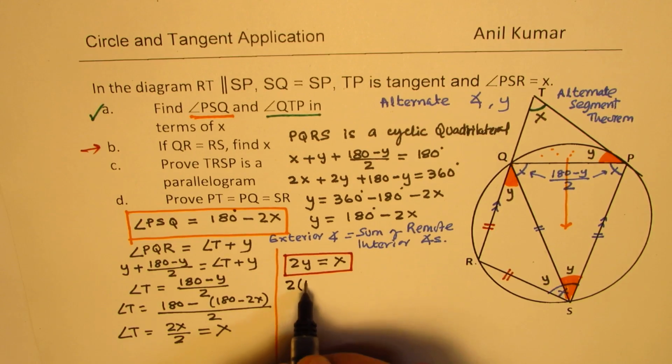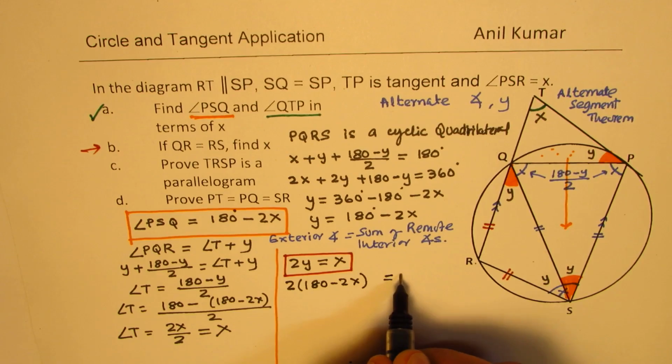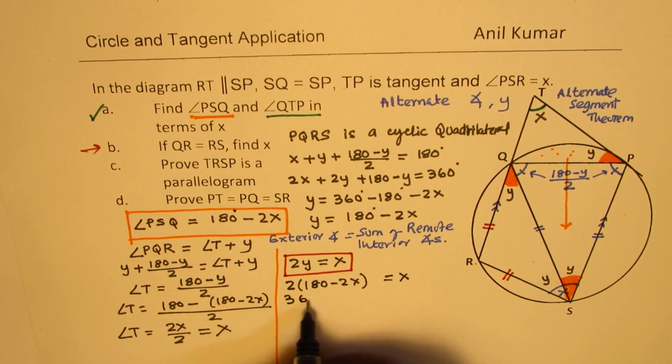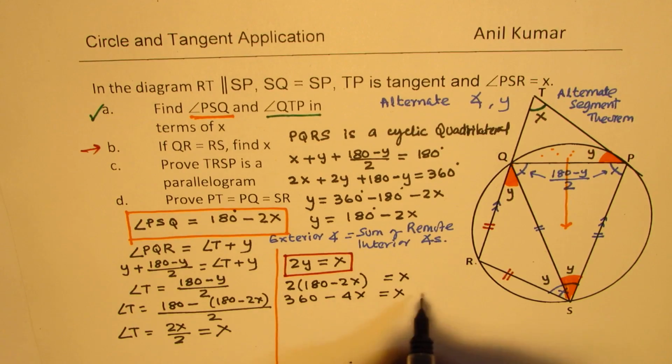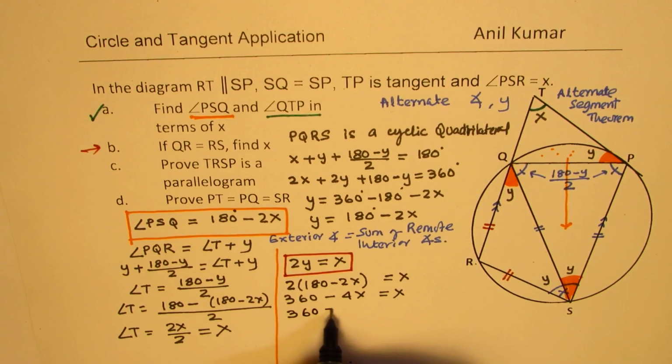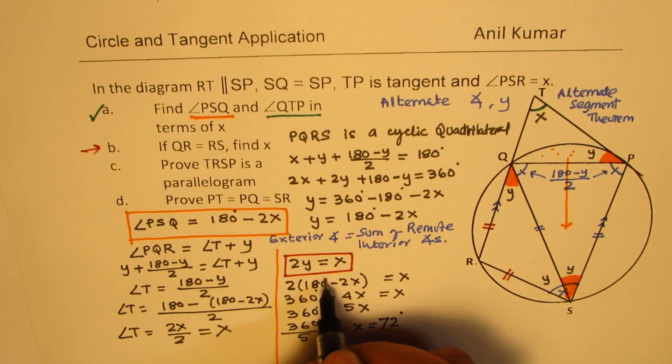So we get 2 times (180 minus 2x) is equal to x. 360 minus 4x equals x. Taking it across, we get 360 equals 5x, or 360 divided by 5 is equal to x, and that gives you 72 degrees, right? So all these are in degrees, correct?